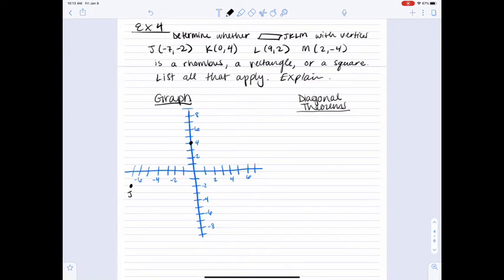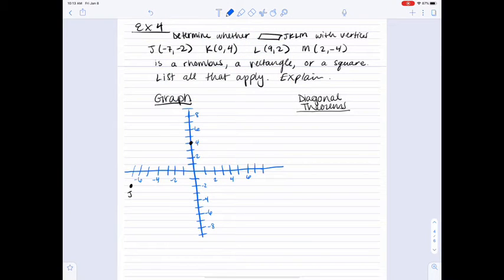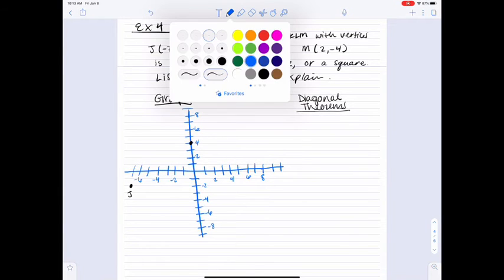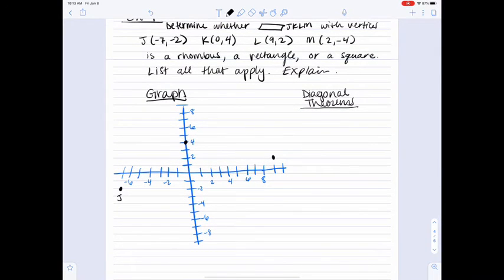L, which is 9, oh, no, sorry, 8, 9, +2, right here. And M, 2, -4, right here. All right, so this one was K, L, M.